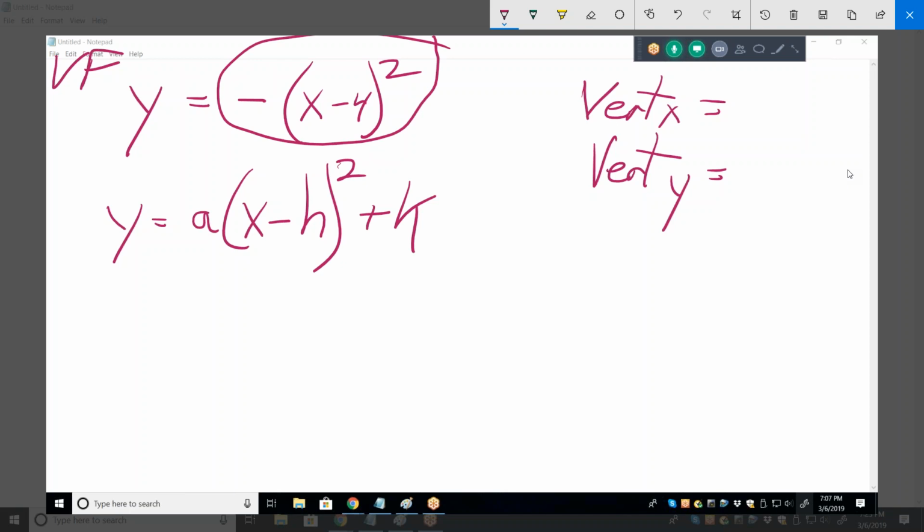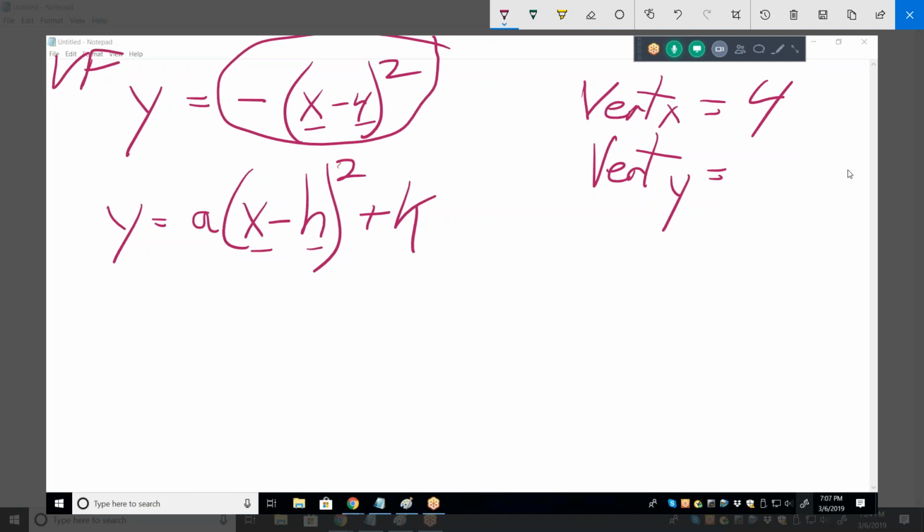What is h? H is minus 4. No. If it was minus 4, then I'd be looking at x plus 4. In other words, this says x minus h. This says x minus 4. So what is h? Positive 4? Yeah.